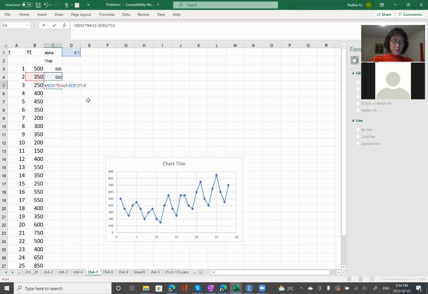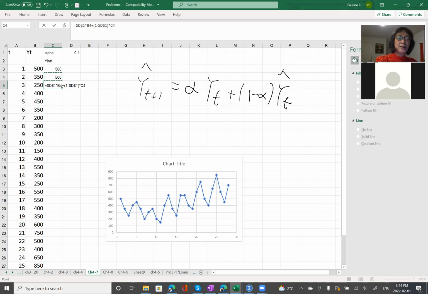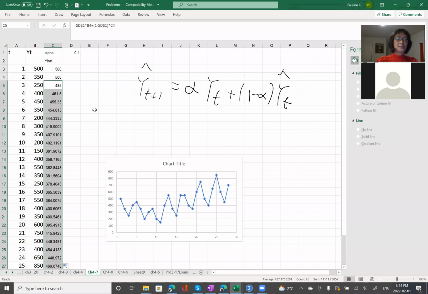So this formula, what I did, is based on this formula, y hat t plus 1 equals alpha y t plus 1 minus alpha y hat t. In Excel, I type in the formula here. I press OK button. Once I use this formula, the forecast for other numbers, I just copy down.